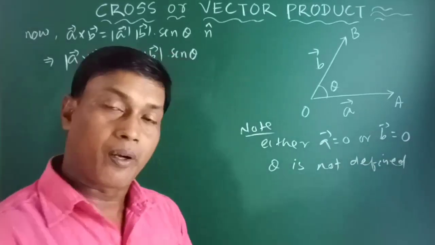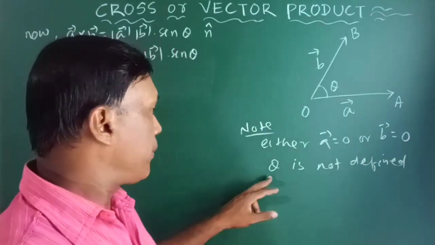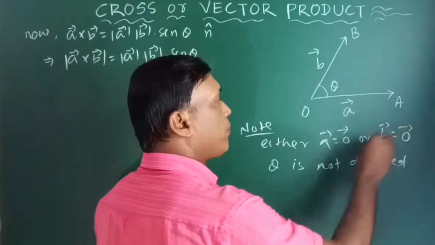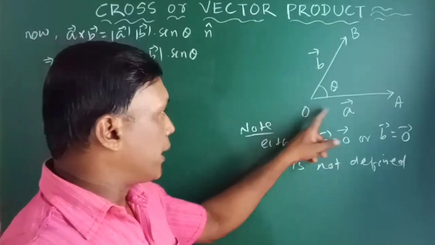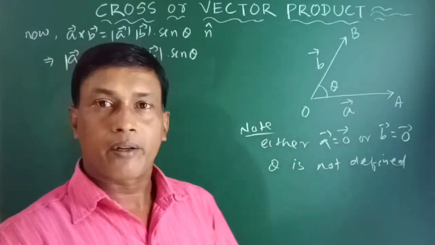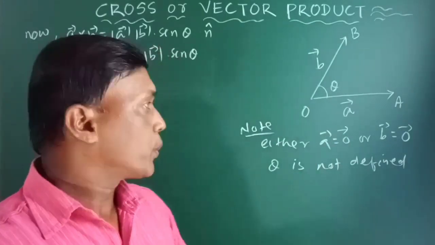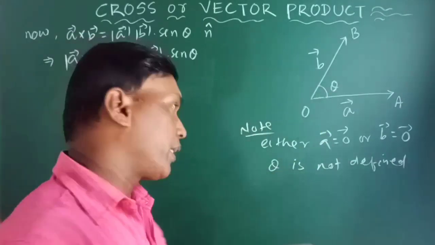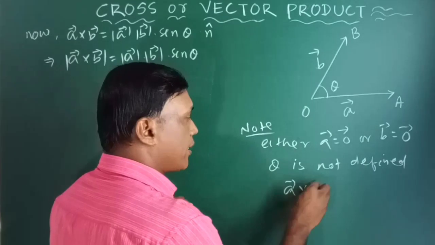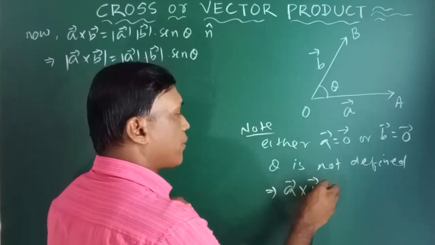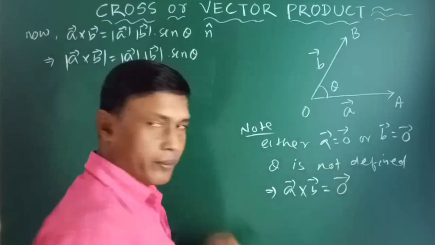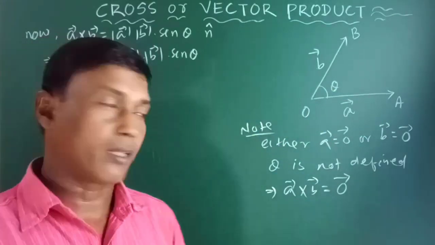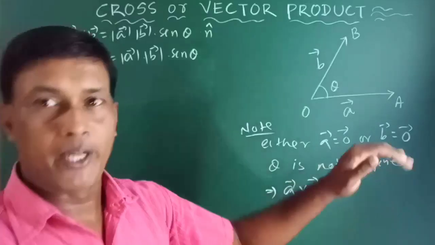As I have already said in scalar product, if any one is a null vector, the null vector has arbitrary direction, so we cannot find the value of theta, and theta cannot be defined. But in this case A cross B is equal to 0 vector. So if any one of them is 0, theta cannot be defined, but the cross product is a null vector.